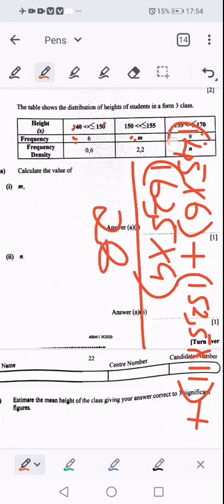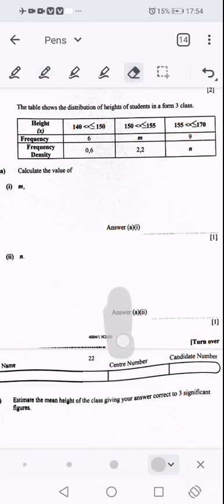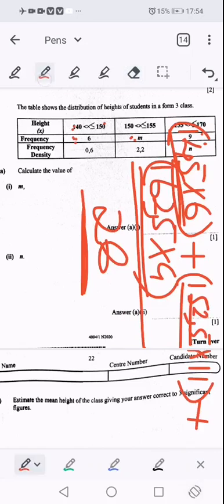So how much do you get when you multiply and add all these up?